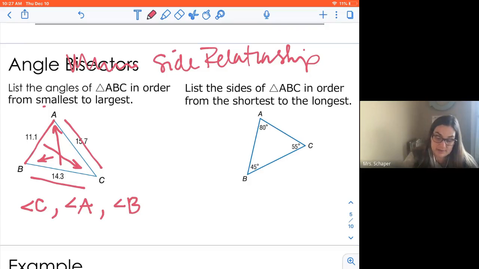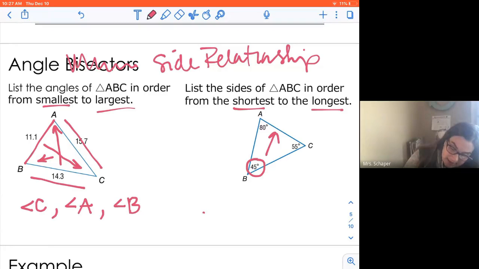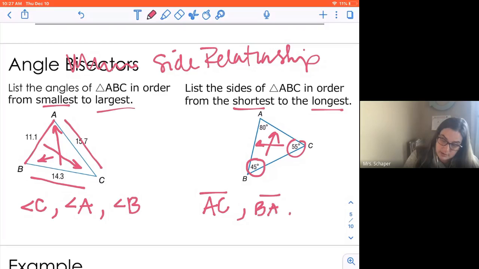Same thing with our side lengths. List the sides in order from shortest to longest. So the smallest angle is B, so opposite is AC. Segment AC. Then 55 is the next, so we're talking segment BA. And then segment BC.